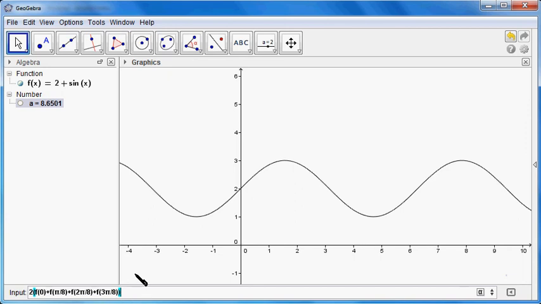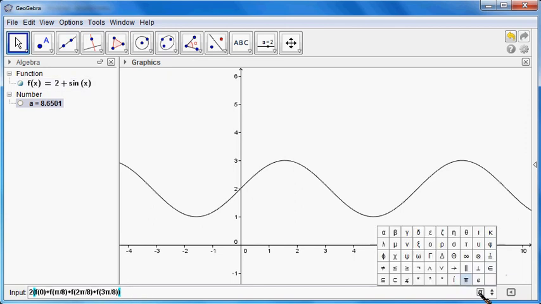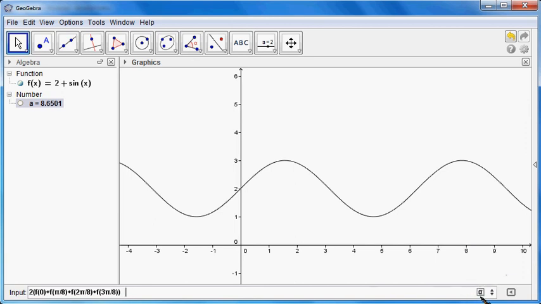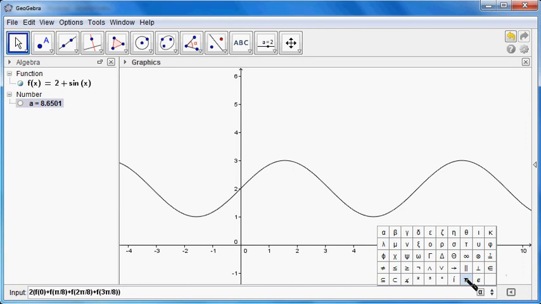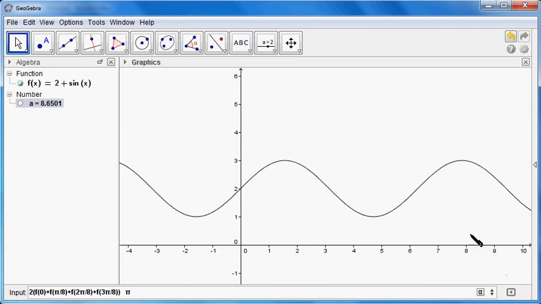Then times pi over 8. It just doesn't get you pi, so there's some trouble typing it, but okay, we got pi. Sorry about that.